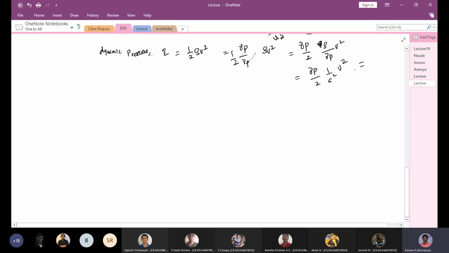We can write V square by A square as Mach number square. Your gamma P M square by 2. So your Q is equal to, in addition to half rho V square, gamma P M square by 2. So even if you want to know P, it is nothing but 2Q divided by gamma M square.